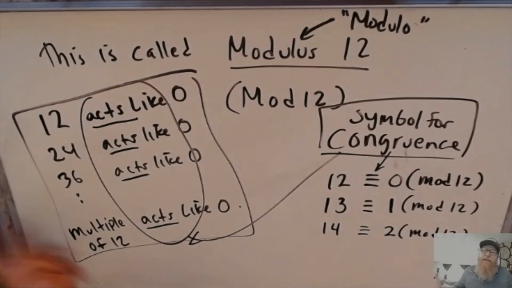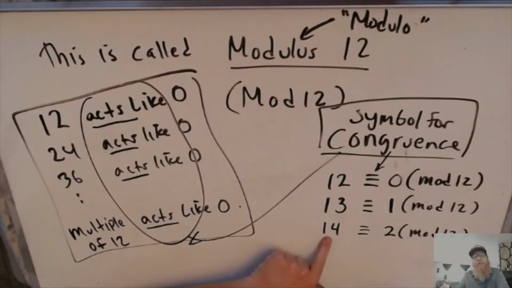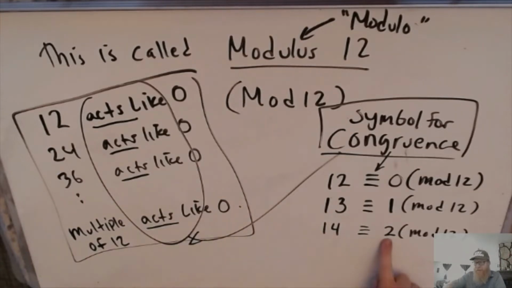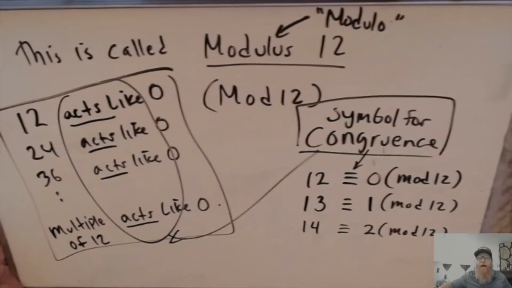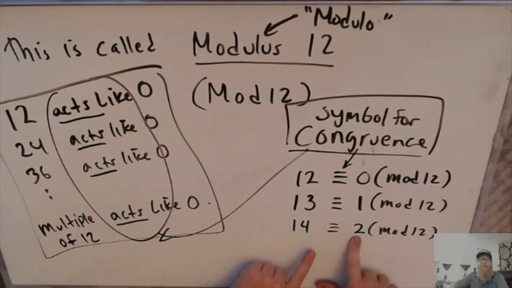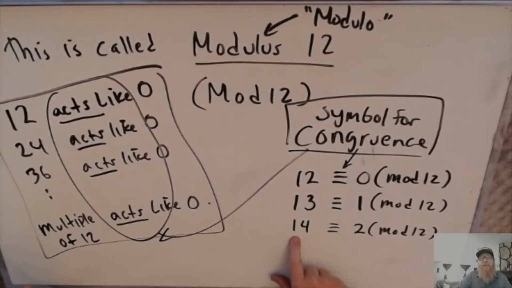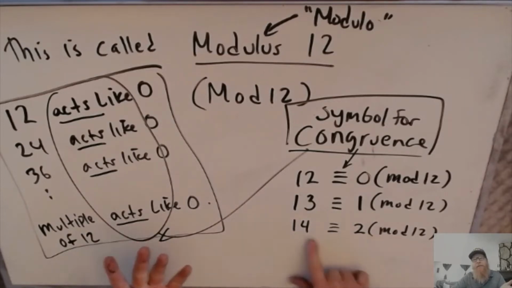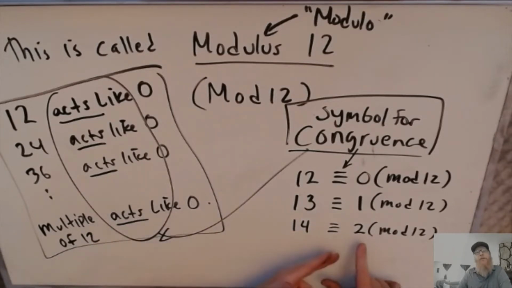So if it's 5 o'clock, what time is it going to be 14 hours later? Well, 14 acts like 2 modulo 12, and so you could simply add 2. So 14 hours after 5 o'clock, you know it's going to be 7 o'clock. Because you don't have to add 14, you can just simply add 2.